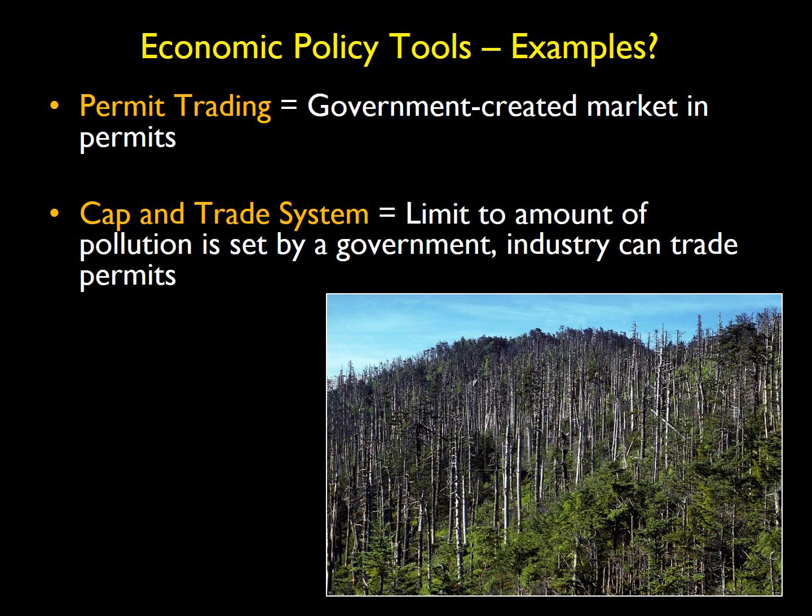And then once that limit is set, industries can trade permits for different kinds of pollution. They can trade permits for one kind of pollution, another kind of pollution, or they can even sell those permits. And the way this usually happens is through auction. So the government will say, we're going to allow, I don't know, 100 megatons of nitrogen oxide pollution, right?